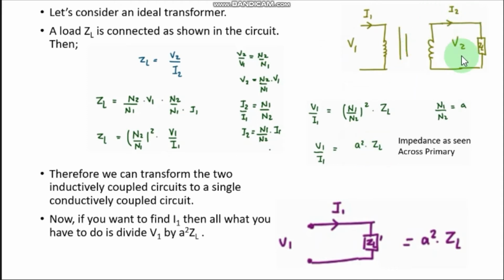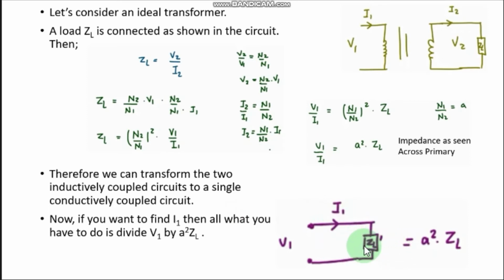So we can just forget about the secondary side, and we can just assume that there is an impedance equal to A squared ZL, like this, right? So this is now equivalent to this circuit where, when you apply V1, it will draw the same current I1.